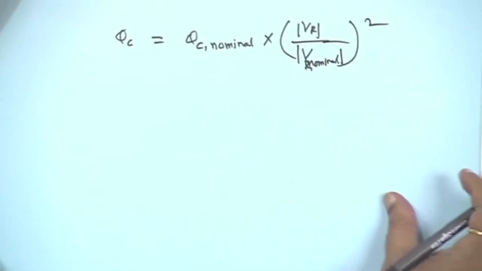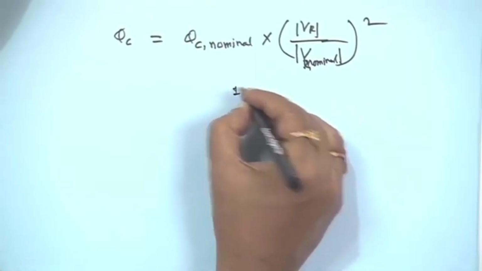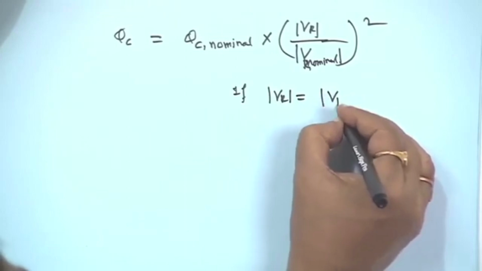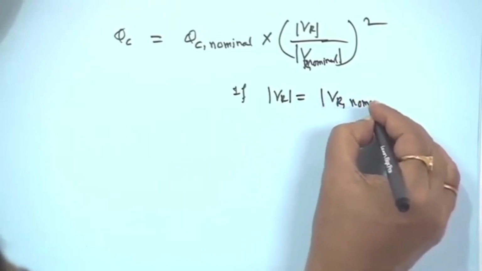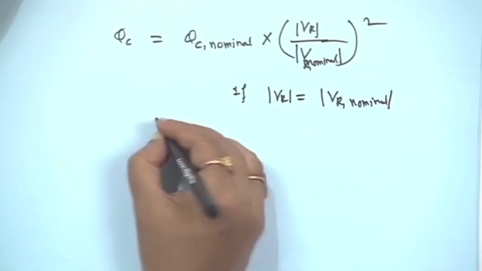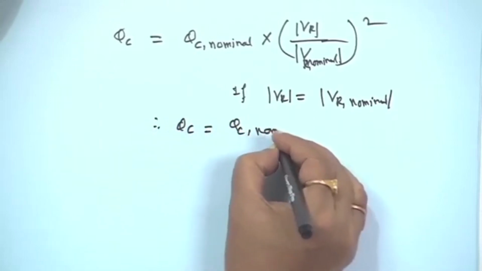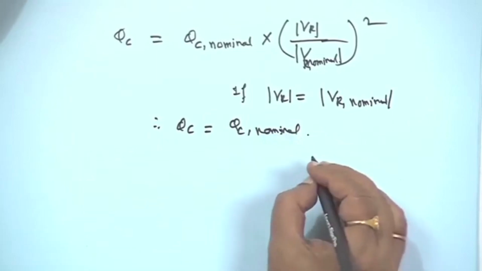That means if the magnitude of VR is equal to the magnitude of VR nominal, then QC is equal to QC nominal.